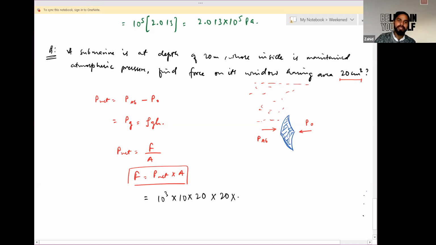So just convert it in terms of meters square by multiplying it by 10 to the power minus 4. Then simplify it. 2 into 2, 4 into 10 to the power 3, and 3, 6 minus 4. So it will be just 2 Newton.